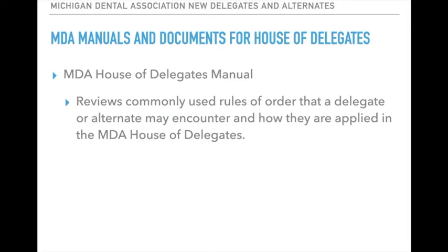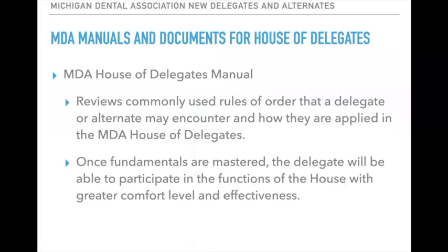If you've served in a House before or served in any other group, there are some nuances that we're going to have, and we'll talk about those a little later, but the manual is a good place to start. Once you get past the first few pages, it talks about the parliamentary procedures and how we work through it. But I always look at it this way: once you master the fundamentals, the basics, the delegate or alternate is able to participate in the functions of the House with truly a greater comfort level and effectiveness as to how you make things happen there.